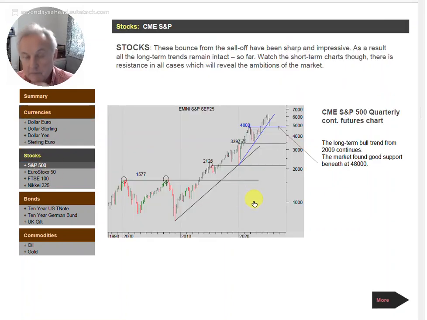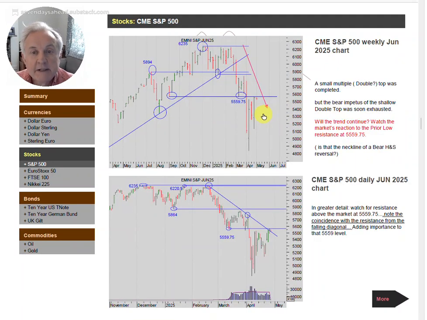S&P 500, a central market. For the moment, given the price action, notwithstanding the big sell-off, the bull trend remains intact. Only if 4800 on the quarter had broken would it look very bad, and there's no question it didn't. There's the degree of the sell-off.